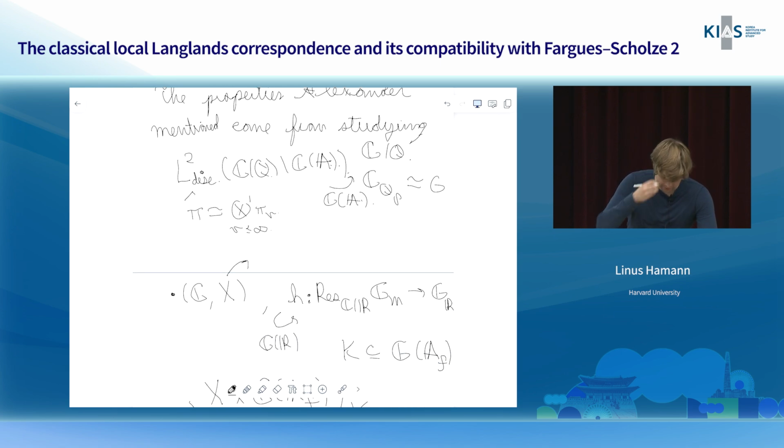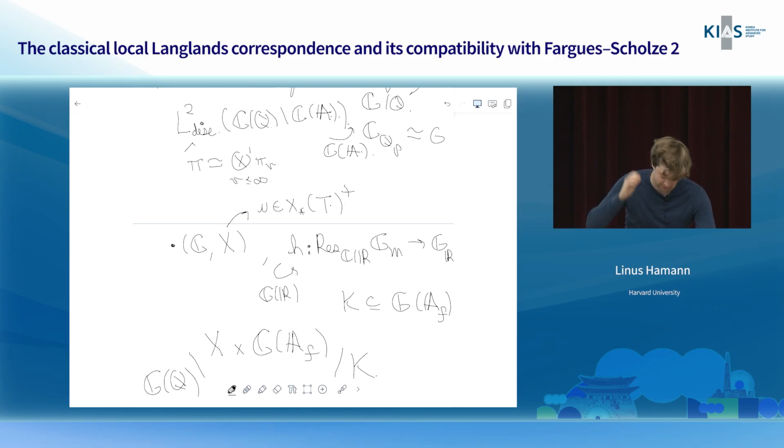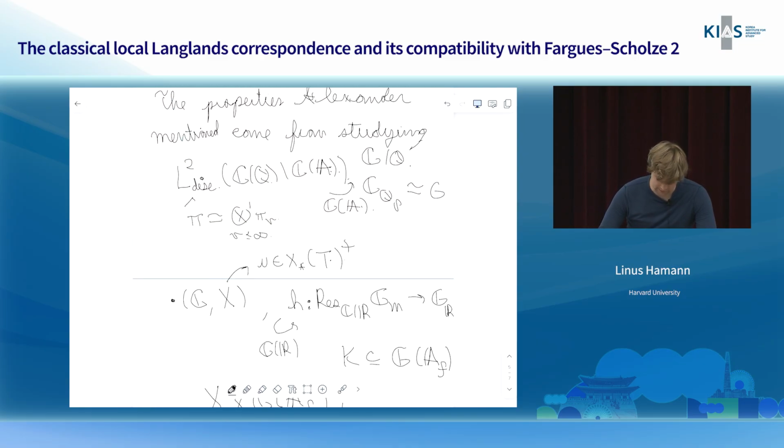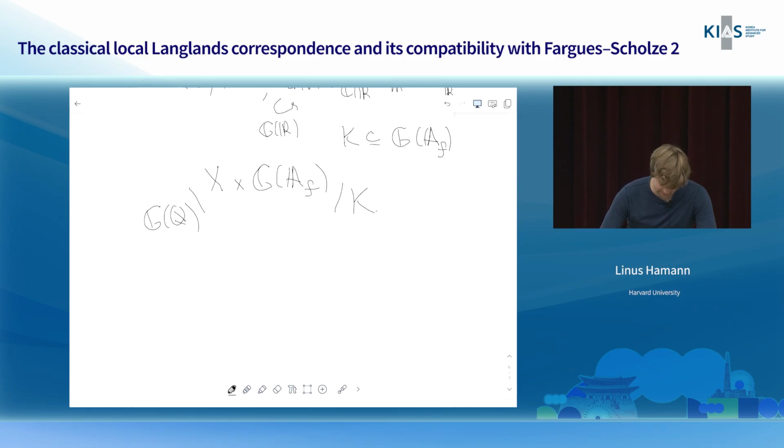This X, if you base change it to C, determines for you some dominant co-character of this group, which is known as the Hodge co-character. It's roughly encoding information about the Hodge-de Rham filtration on abelian varieties. This will be defined over C, but you can look at the stabilizer of the Galois group acting on that, and that will determine for you some number field E, which will be the reflex field.